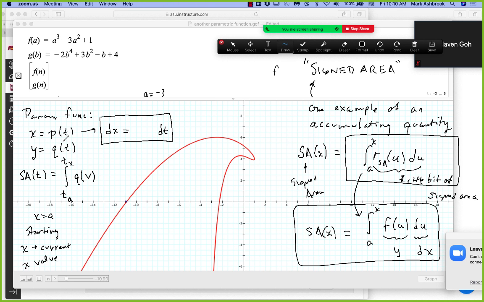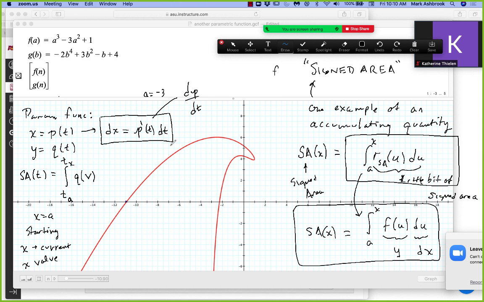So what's my rate of change? P of t? Just p of t? Is that the rate? P prime, p prime of t. Or you could say dp dt if you wanted. But let's call it p prime.